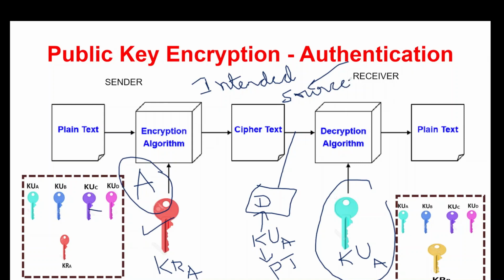Yes, here there is a guarantee that the message is encrypted with the private key of A. Anyone who has the public key of A can access the message, but it gives everyone assurance that this message authentically originated from the intended source A. So this is how the usage of the public key provides authentication.